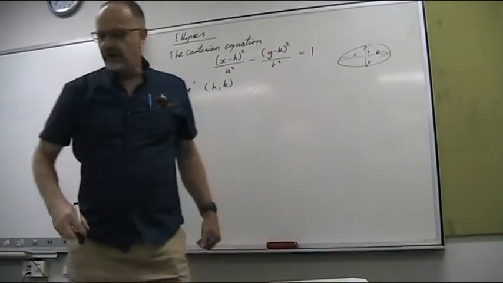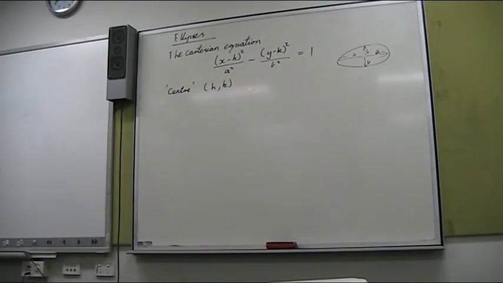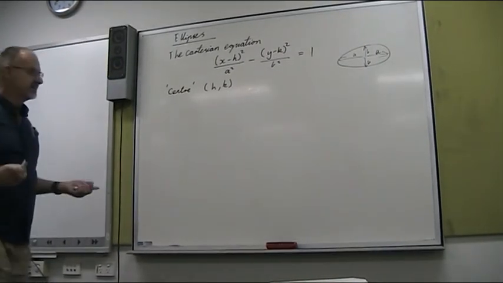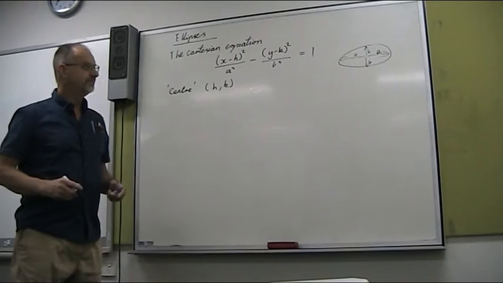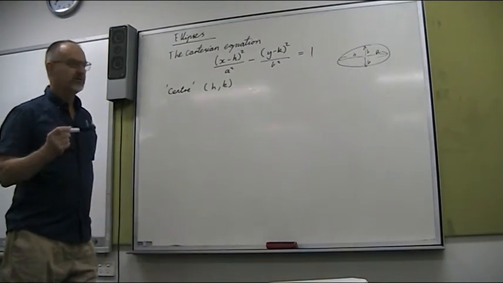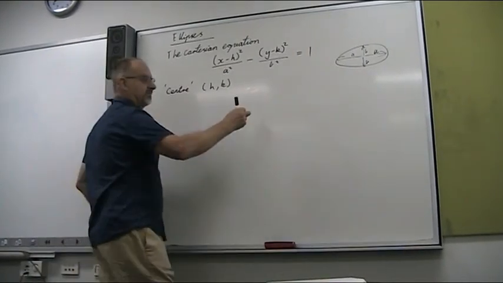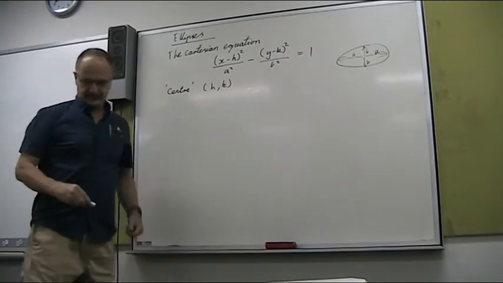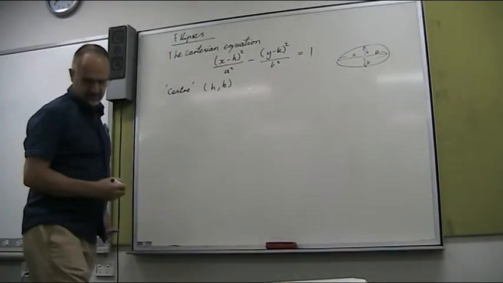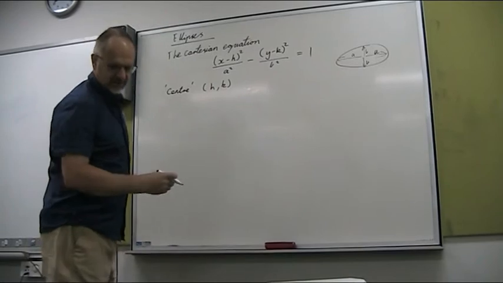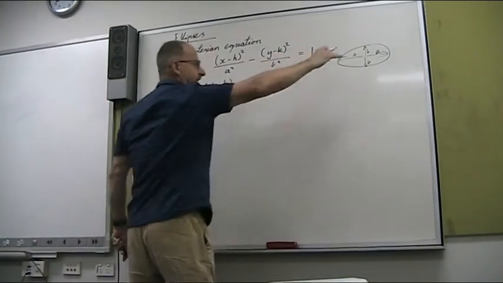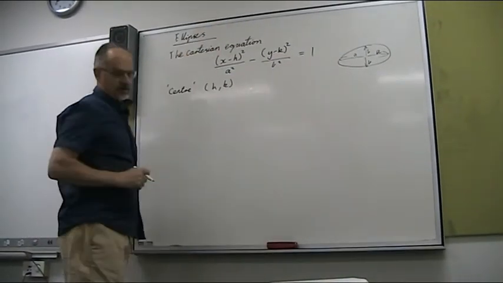Alright, it's not critical about which one you call a semi-minor and which one you call a semi-major. What is critical is how far you've gone from this centre point. Often we call a semi-major axis in the x direction and a semi-minor in the y direction.